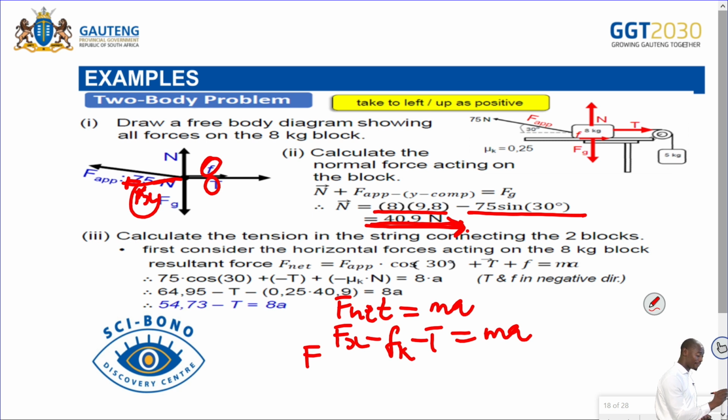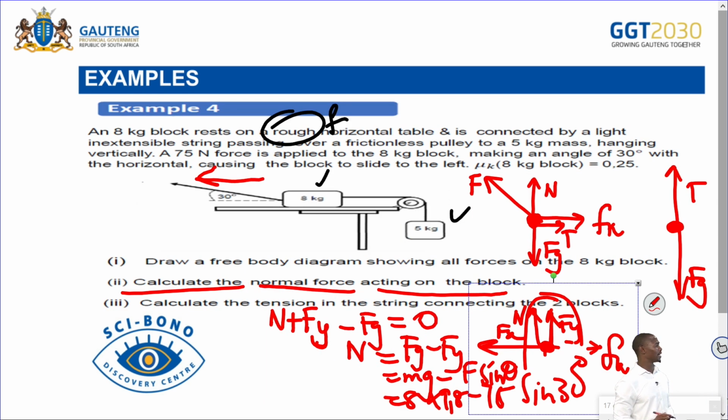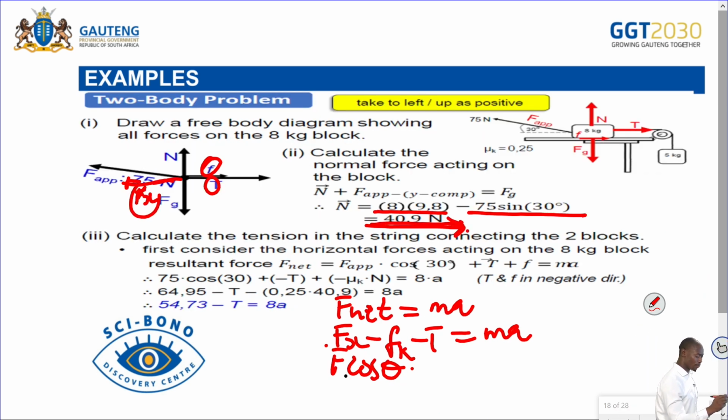It will be F cos theta, because now I'm dealing with the horizontal component. The surface is rough, and I'm given the coefficient of kinetic friction, so Fk is minus mu k n, minus tension equals ma.